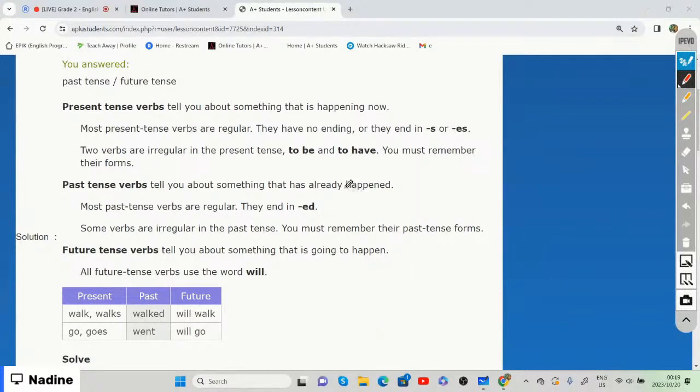And then we have our future tense verbs. It tells us about something that is going to happen. And all future tense verbs use the word will. For example, I will go to school.